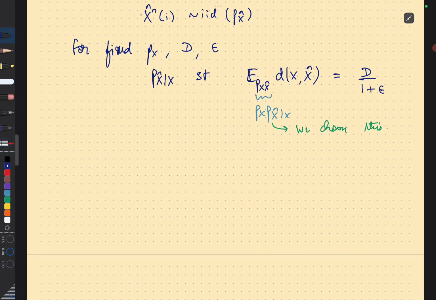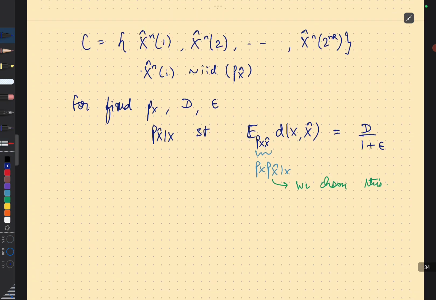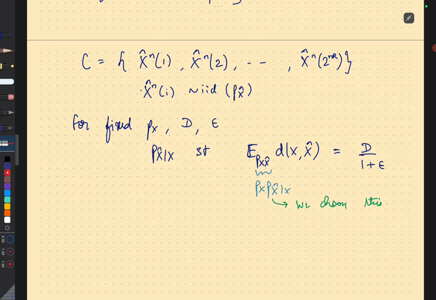Now, what does the encoder do? The encoder sees a random sequence xn. It checks if this random sequence xn is jointly typical with xn hat of 1. If it is, then it outputs 1. If it is not, it checks if xn is jointly typical with xn hat of 2. If yes, then you output 2. If not, you keep proceeding one after the other.